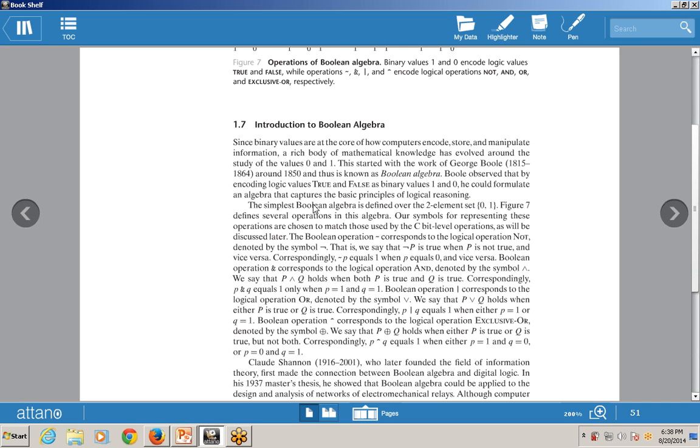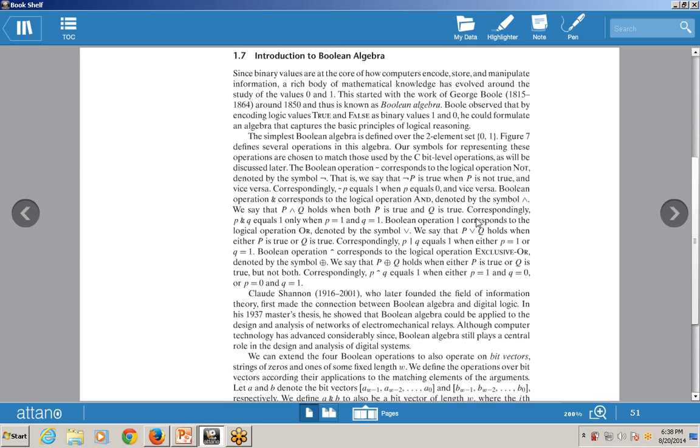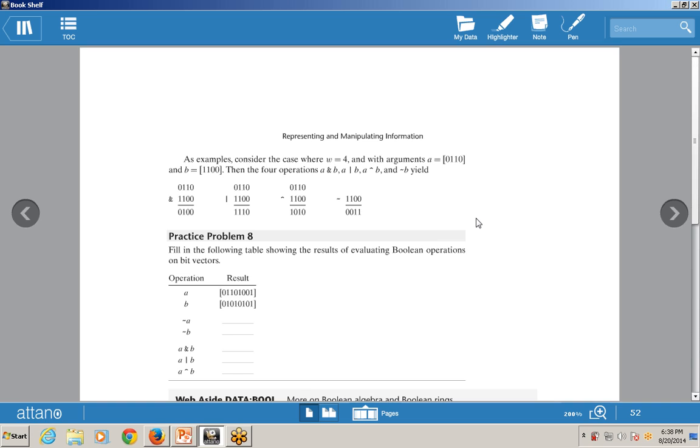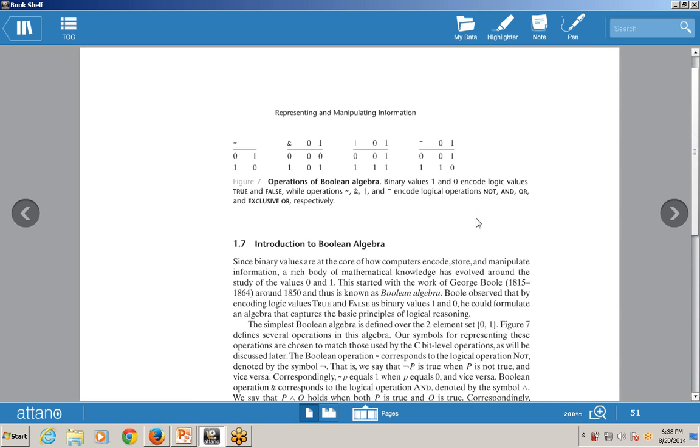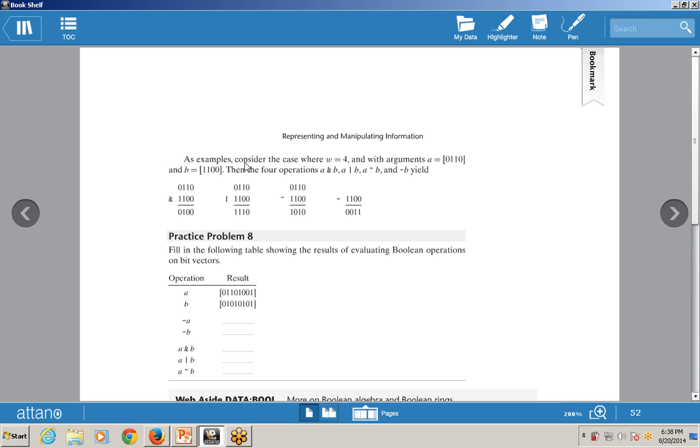There can be a logical value that is either true or false, as a binary number: true is represented by 1 and false is represented by 0. An example: consider a case where W equals 4 with arguments A equals 0, 1, 1, 0, and B equals 1, 1, 0, 0.